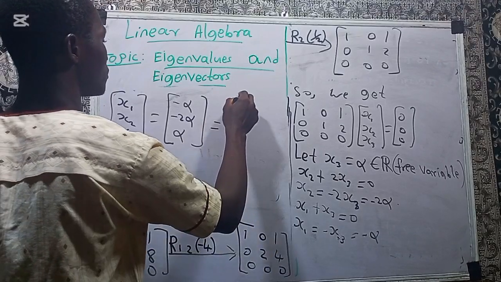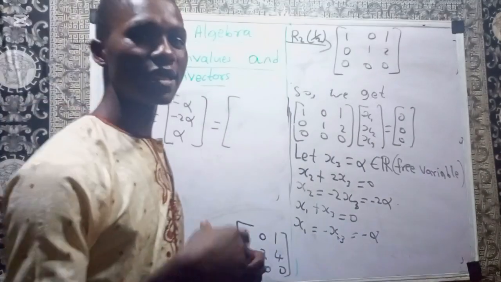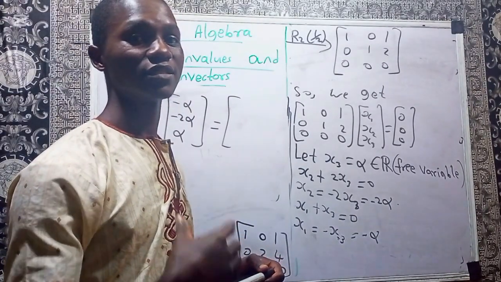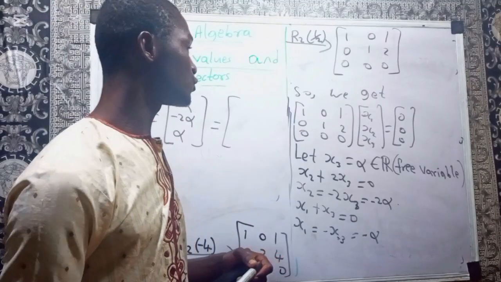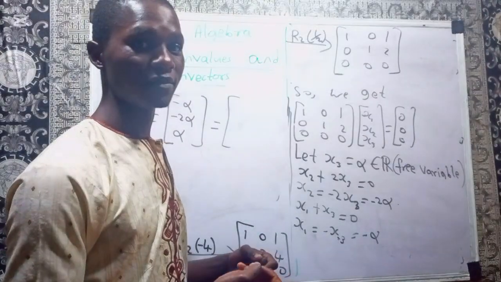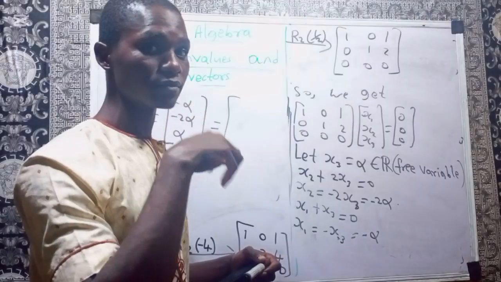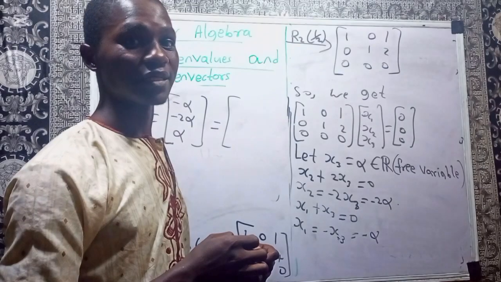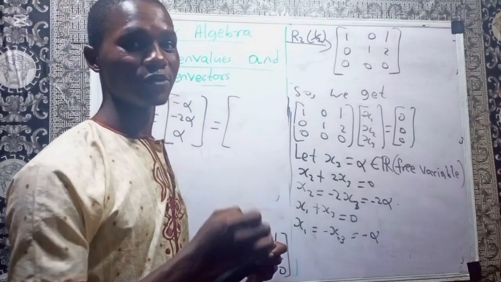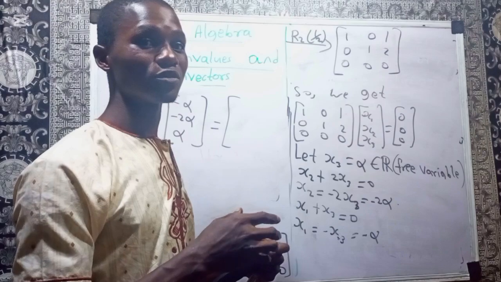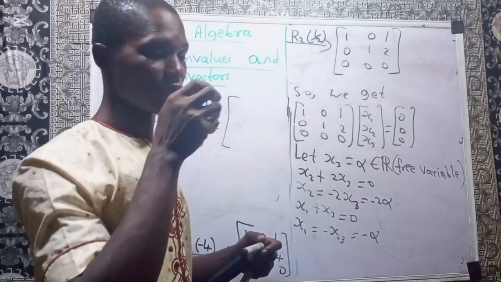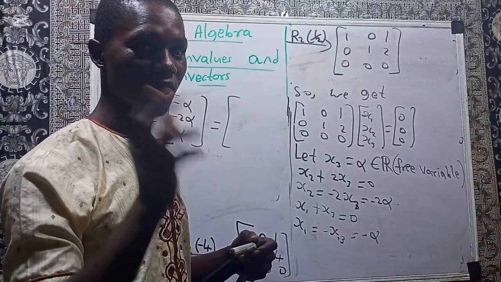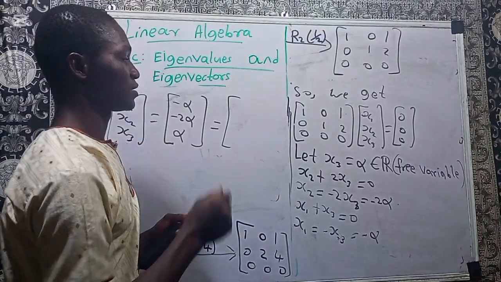Because alpha is any real number, any real number you choose will give you a vector corresponding to this lambda equals 1. So basically, any alpha you choose will generate another vector. So it's actually like a set. But we are going to choose a particular alpha, so we basically get one vector corresponding to this lambda equals 1.